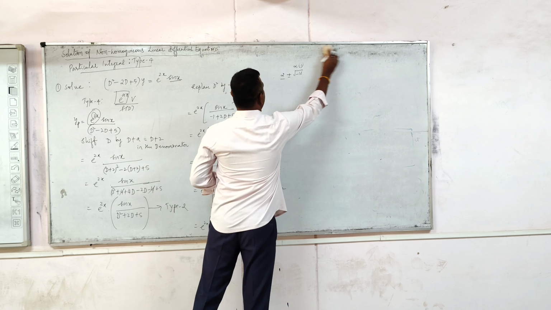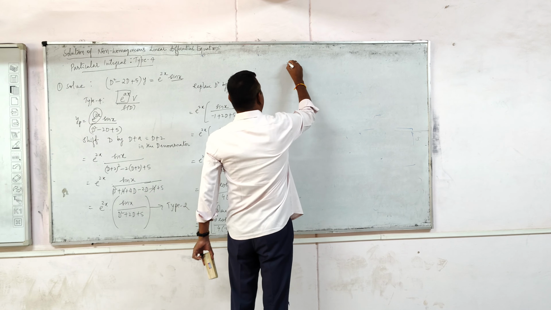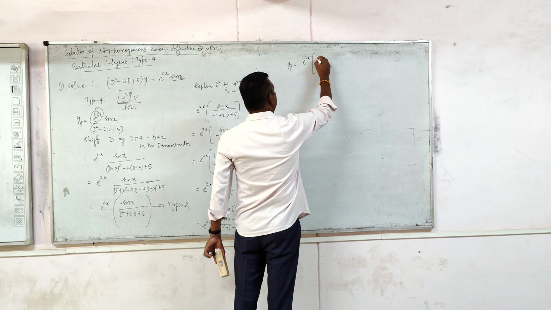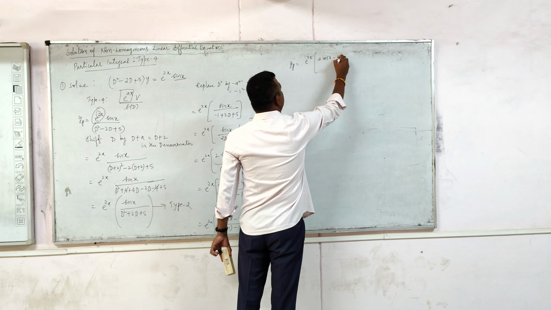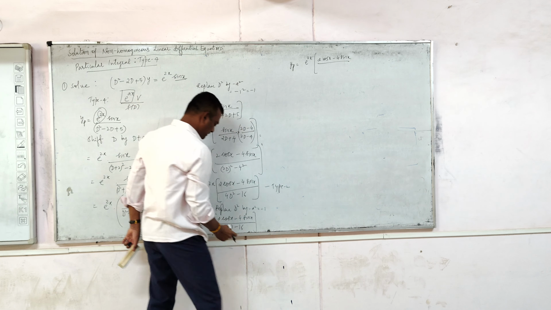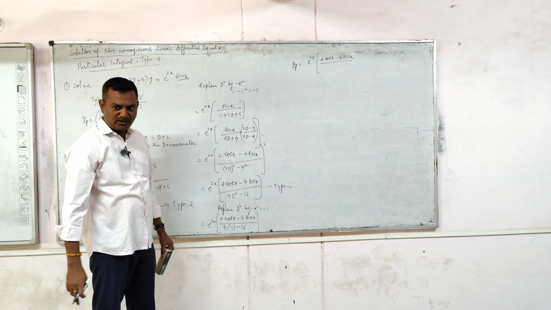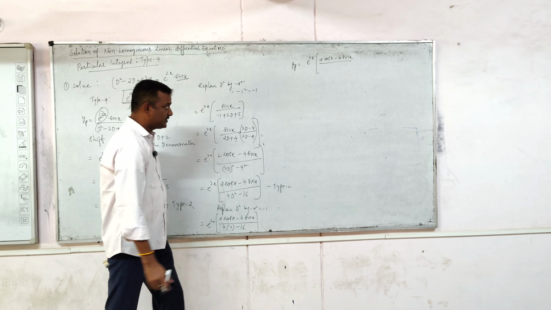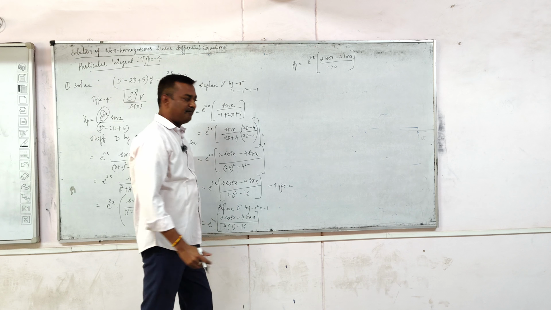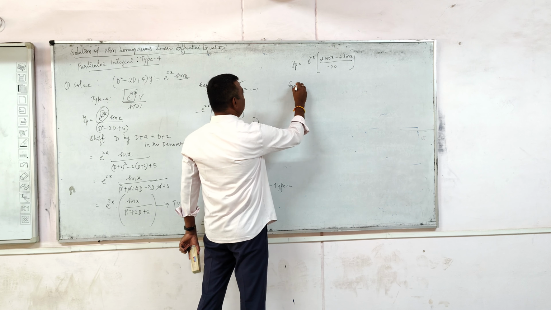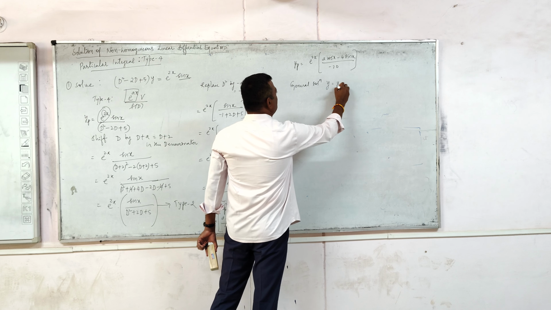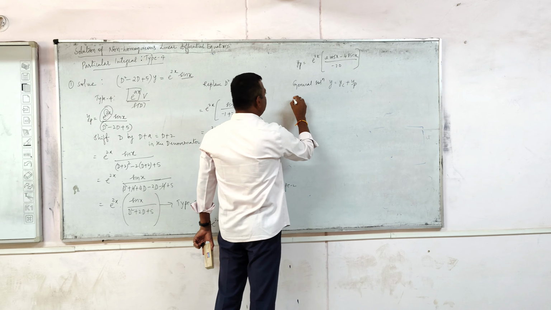What is the final answer, student? Yp is equal to e raised to 2x into 2 cos x minus 4 sin x divided by 4 into minus 1, which is minus 4, minus 16, which is minus 20. That's the value of Yp. Finally, the general solution is y equal to yc plus yp.